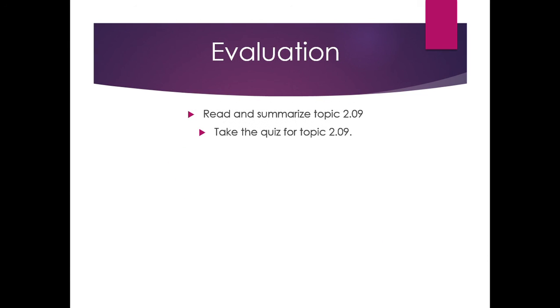And lastly, what is the evaluation? Read and summarize topic 2.09. At this point, I'm pretty sure that you have done it already. And you have to take the quiz for topic 2.09. The quiz has a value of 5 points. This week, we actually had to work on another topic, topic 2.10.